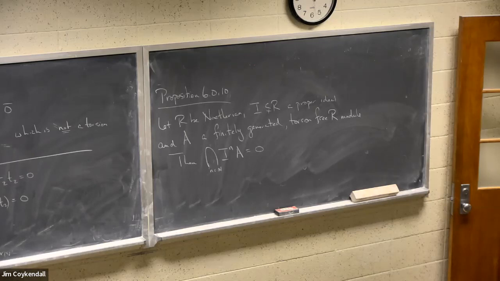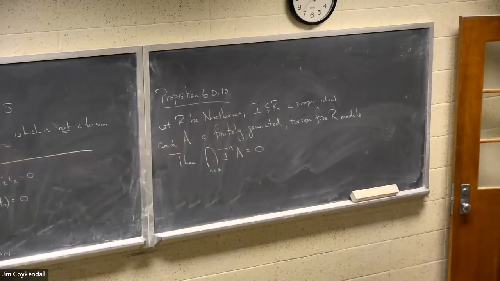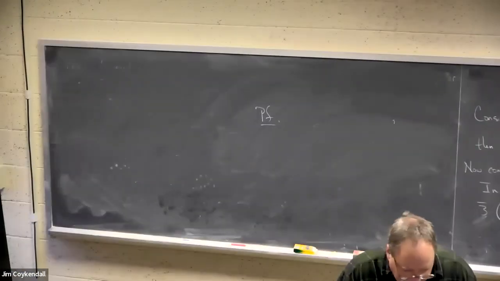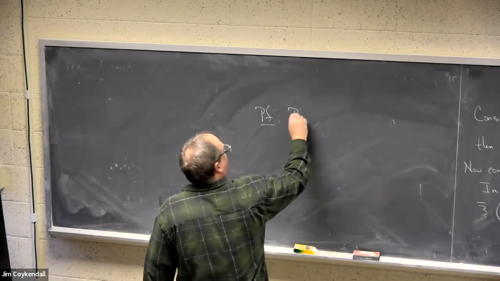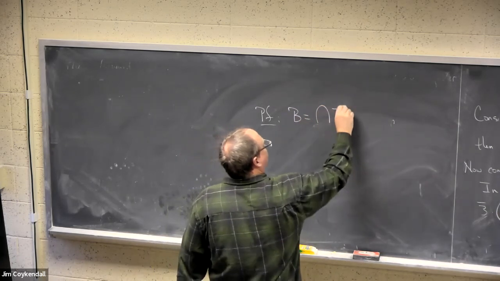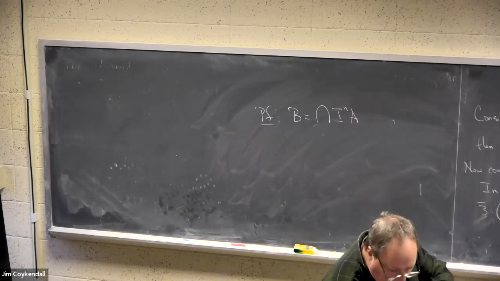I think I just have time to prove this, and we're going to use the previous couple of results. So let B equal the intersection. Of course, our goal is to show that B is in fact exactly zero.